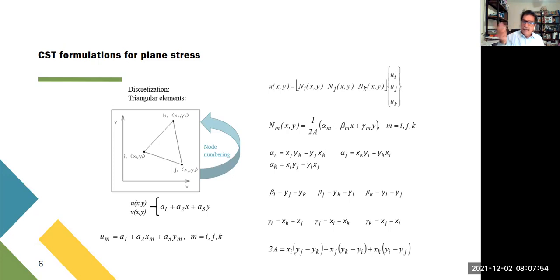Then what? Since it is interpolation, we evaluate that at the joints. Then what? With these 3 equations, we obtain A1, A2, and A3. Then what? We replace them. Then what? We rearrange. And then we identify everything which is multiplied by ui, we call it Ni of x and y. Anything which is multiplied by uj, we identify as Nj, which depends on x and y.